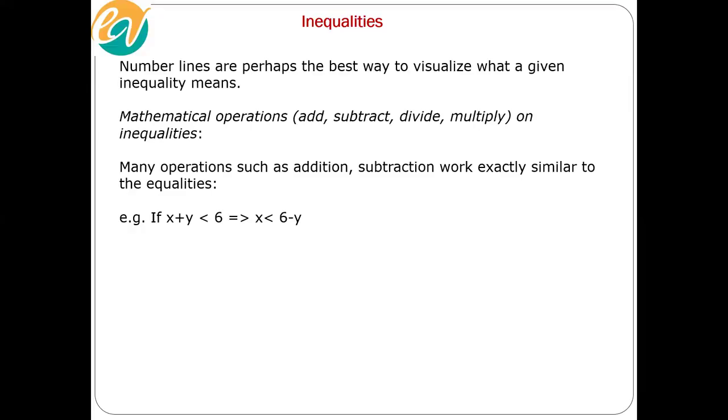Now let's do it step by step. Let's look at mathematical operations, which would be addition, subtraction, division, and multiplication on inequalities. So what we're saying here is many operations such as addition, subtraction work exactly similar to the equalities. For example, this is given, right? Let's say it was an equality, x plus y is equal to 6. Then what would you do?